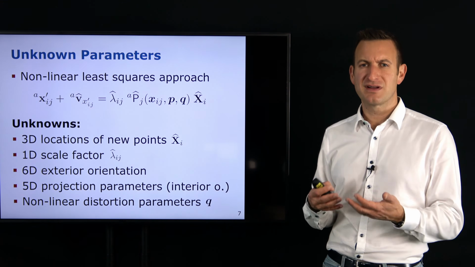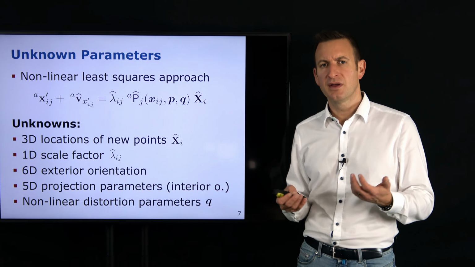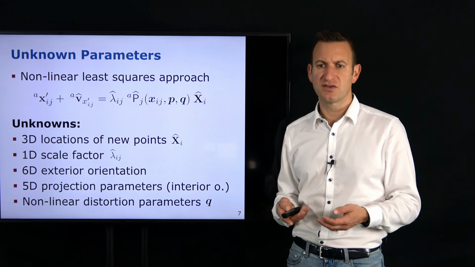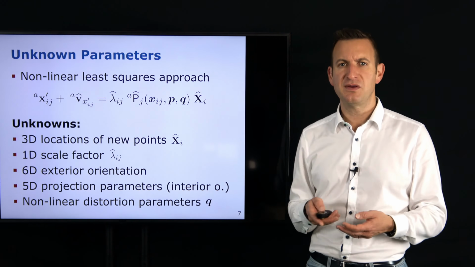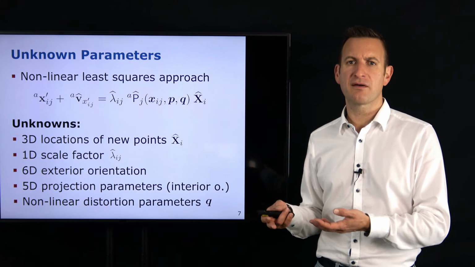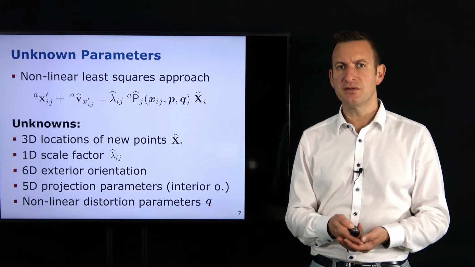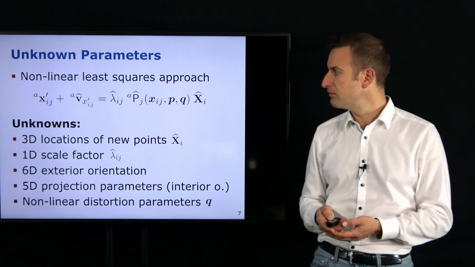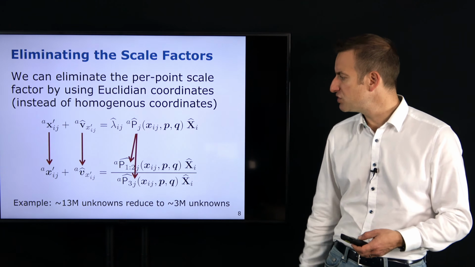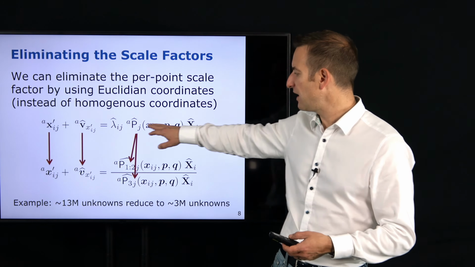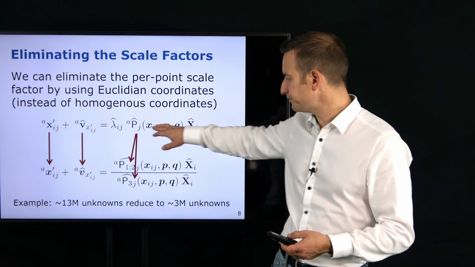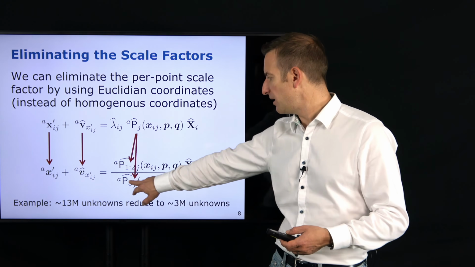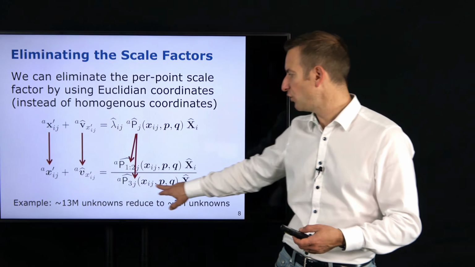because this factor doesn't tell me anything in my Euclidean world. It only exists because I'm operating in homogeneous coordinates. As a result, this is one of the few cases where it makes sense to go back from the homogeneous world into the Euclidean world and do this minimization in Euclidean parameters. I can achieve this by taking the last row of this vector matrix multiplication, which is the homogeneous normalization.